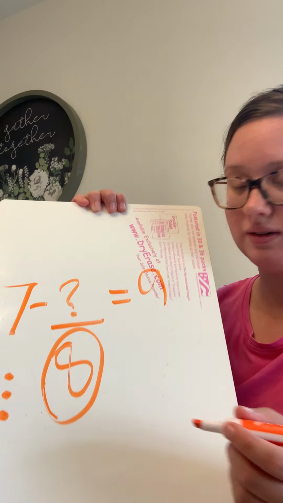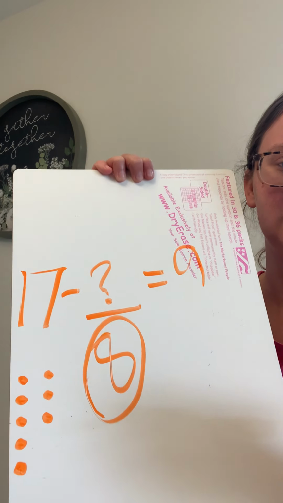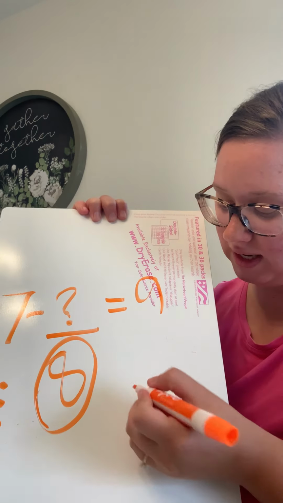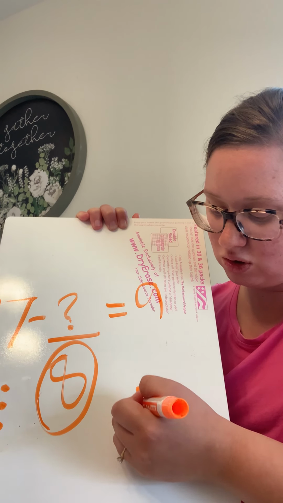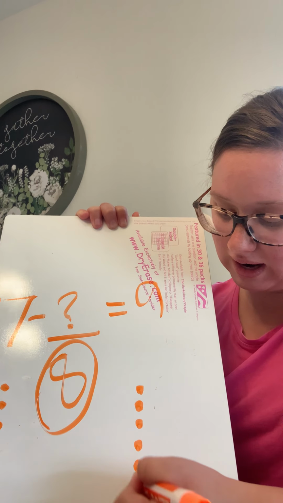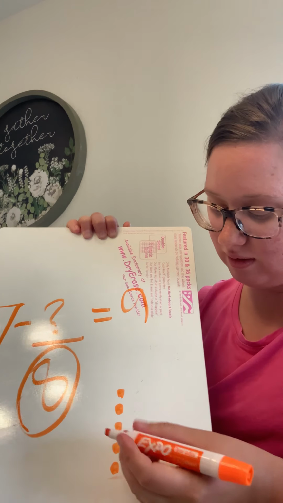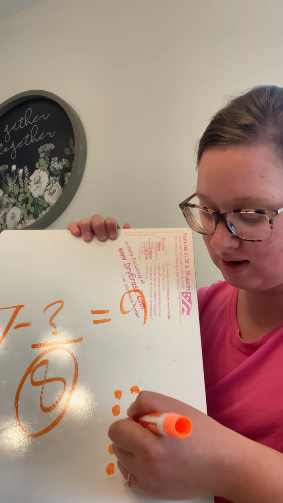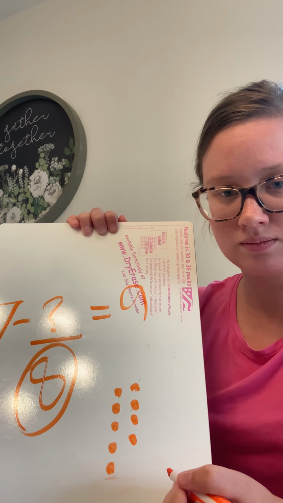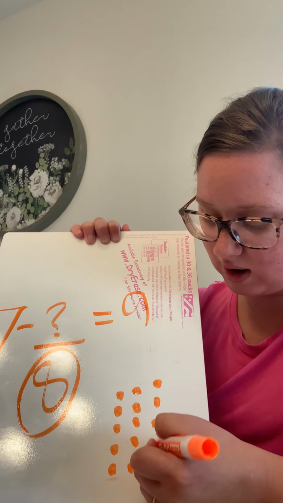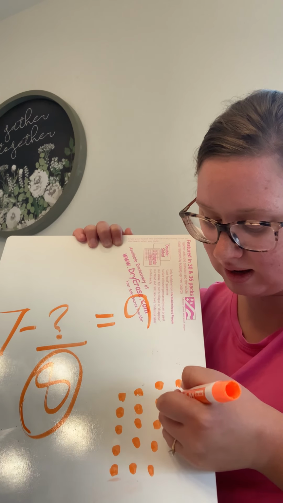Let's double check. 9 plus 8. I'm going to work backwards. 9 plus 8 to make sure that I get 17. 9, 1, 2, 3, 4, 5, 6. Whoops. I like to do rows of 5. 5, 6, 7, 8, 9. Plus 8 more. 1, 2, 3, 4, 5, 6, 7, and 8.